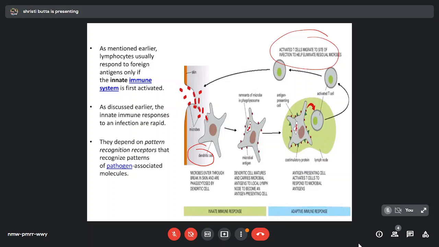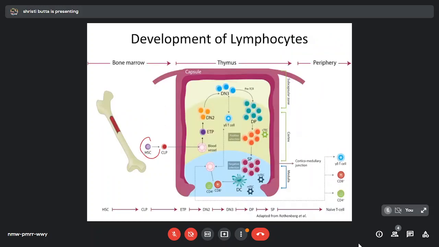Now, coming to the development of lymphocytes, how do these lymphocytes develop? Within the bone marrow, we have these hematopoietic stem cells, right? So these hematopoietic stem cells convert into common lymphoid progenitors. These common lymphoid progenitors subsequently change into the early thymic progenitors.